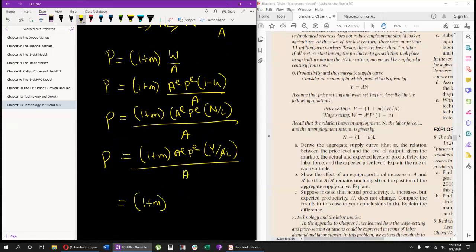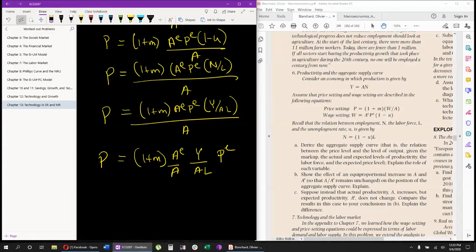So I'm going to leave A here, and I'm going to leave A here. So what I am left with is AE, A times Y divided by A L, PE.